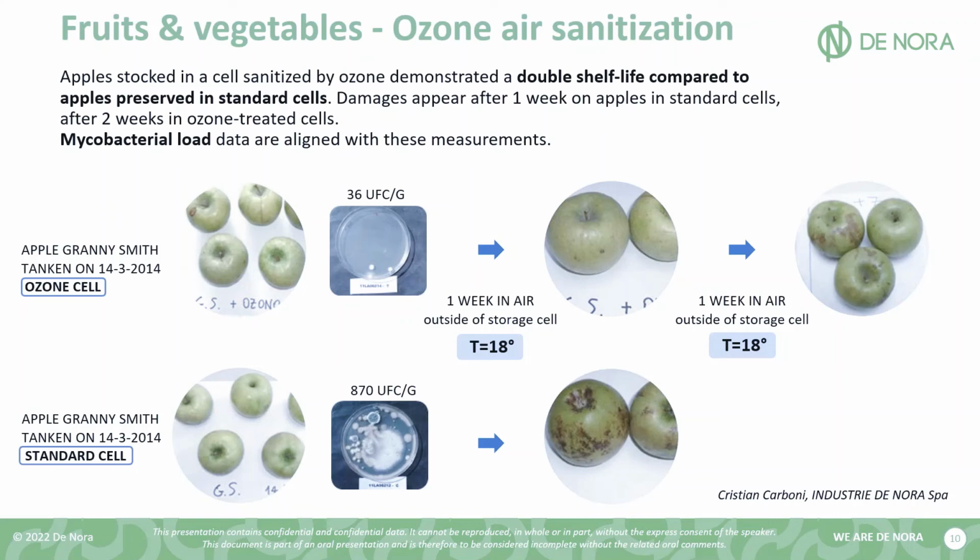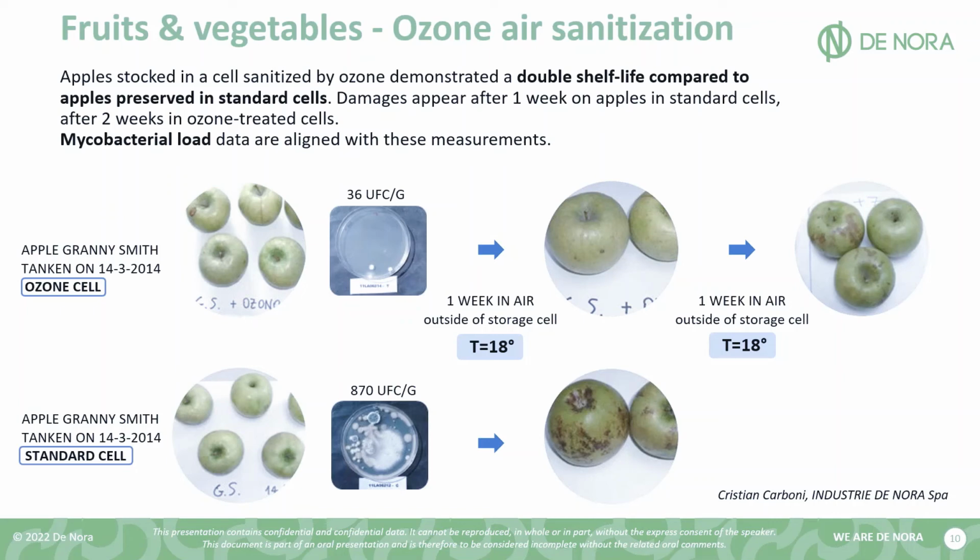In the case of the apple, for example, it was double, in comparison with the same kind of products that stayed the same time in a normal storage room. The products that stayed in a storage room with ozone have a shelf life double, once outside of the storage room.